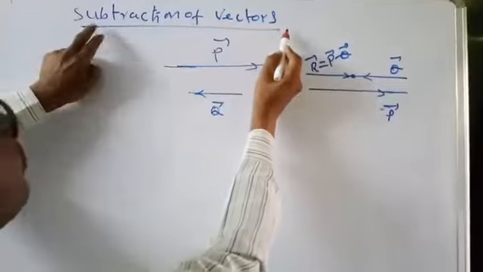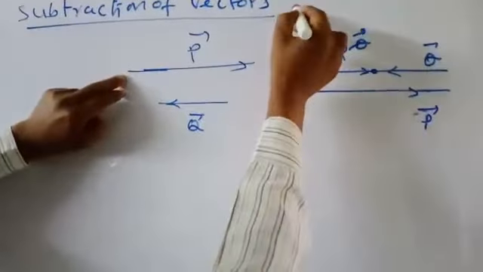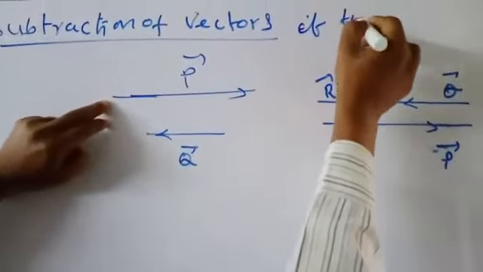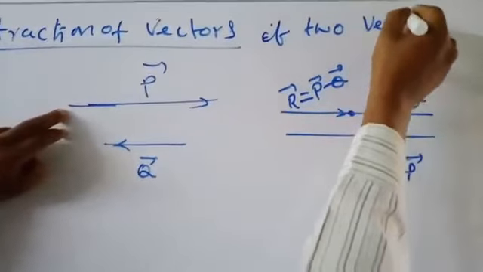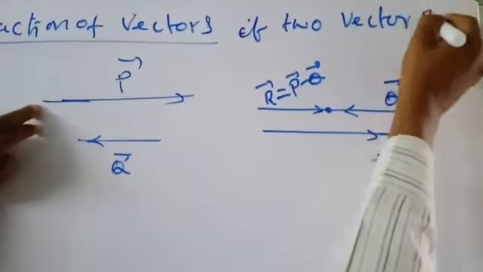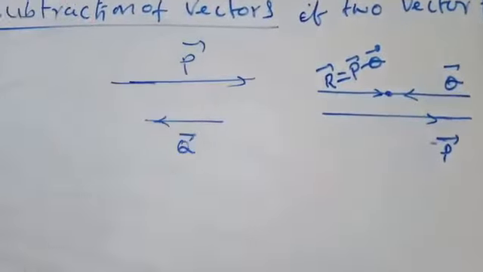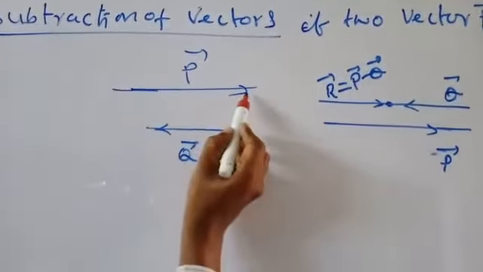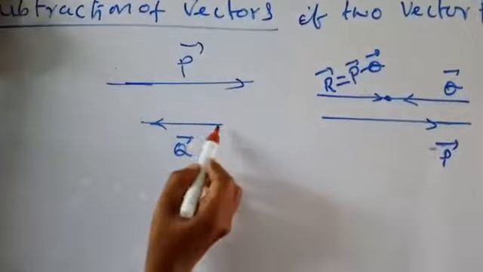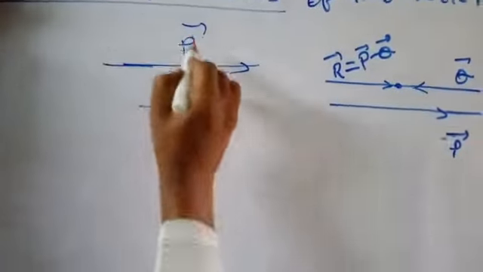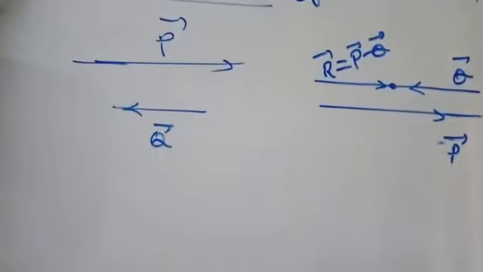Now vectors. If two vectors P bar and Q bar, P bar is in this direction and Q bar is in this direction. These two are in opposite directions.